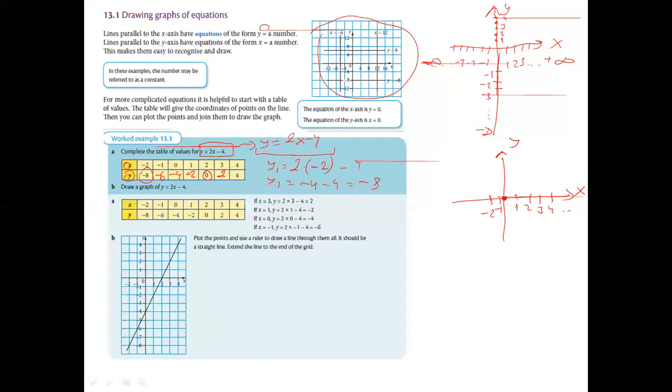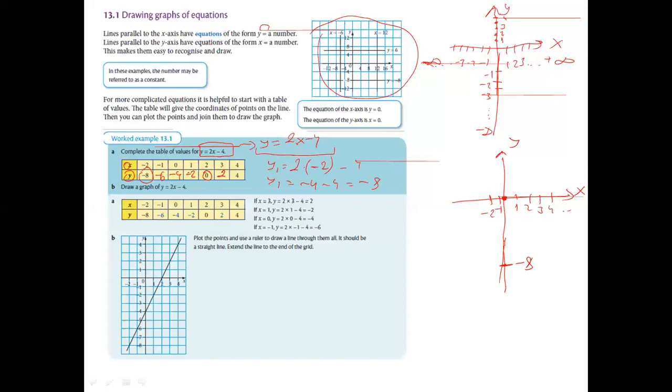And for the values of y, the first was negative 8, which is here approximately. Below the horizontal line, on the vertical line, are negative values of y, and above it are the positive values.